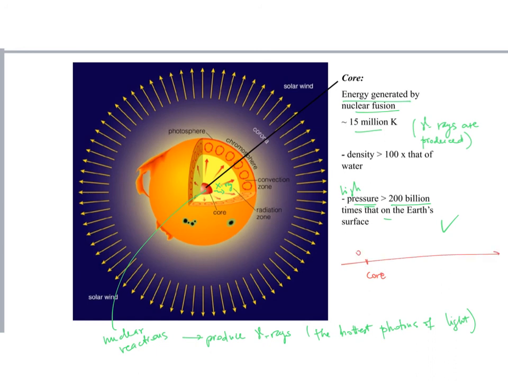So if this is the radius of the sun, we go from core to somewhere here is going to be the radiation zone, followed by the convection zone, and then the next layer is going to be the photosphere, and then the next one is going to be the chromosphere, and above the chromosphere is the corona, and above that the solar wind.